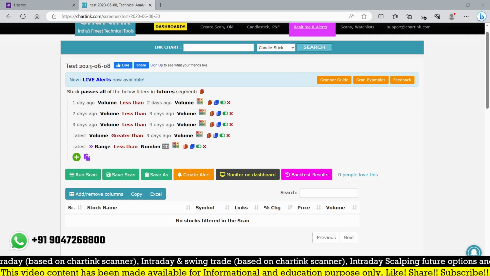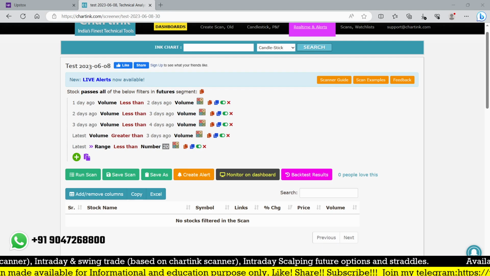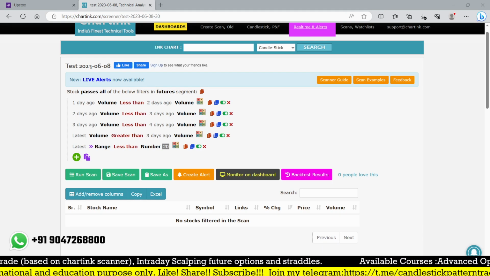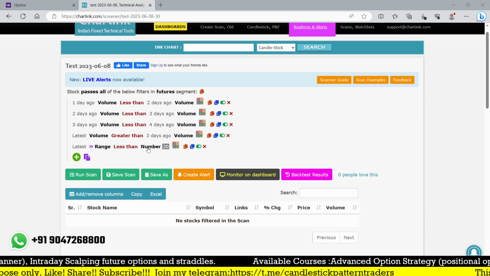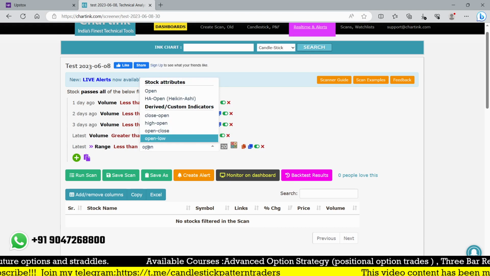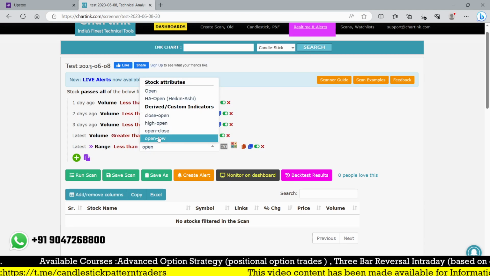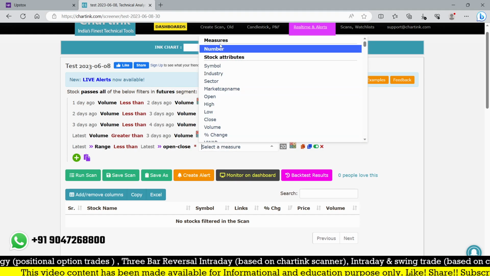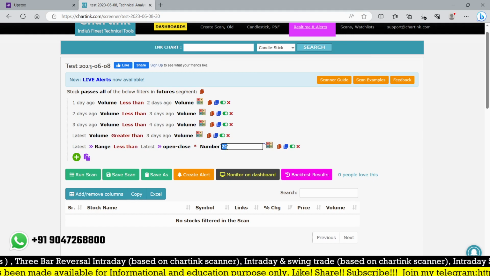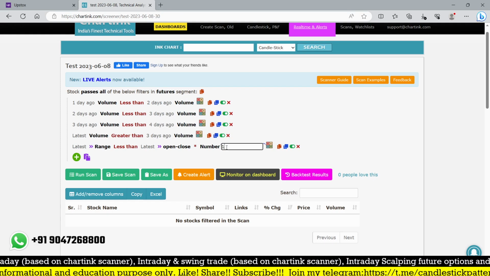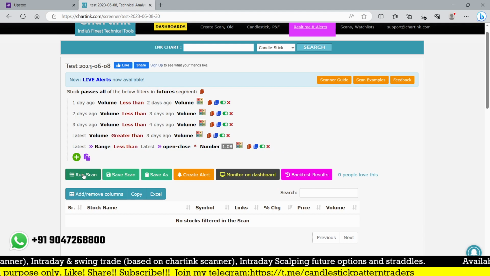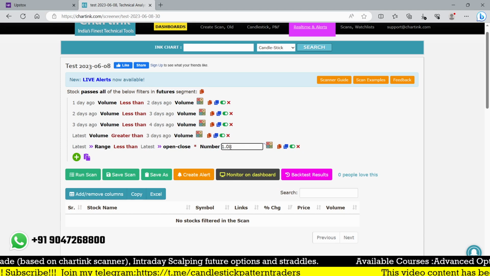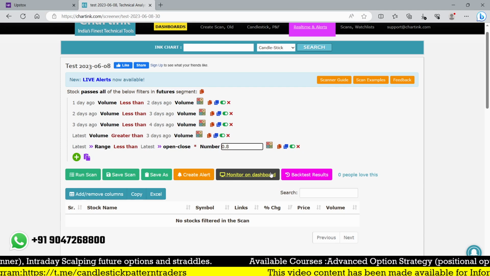We have to follow open minus close, multiplied by a number, 1.08, maybe, sorry, it was 0.8.